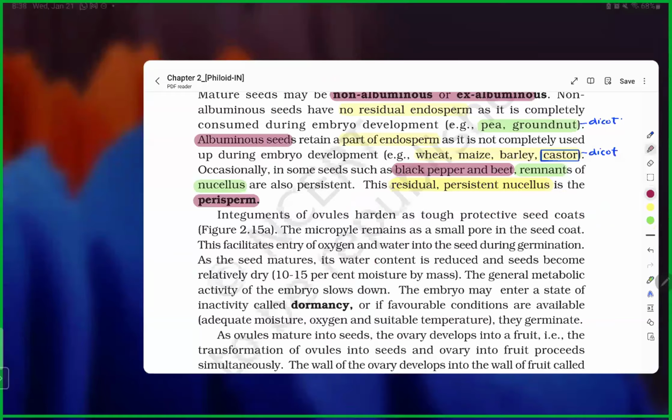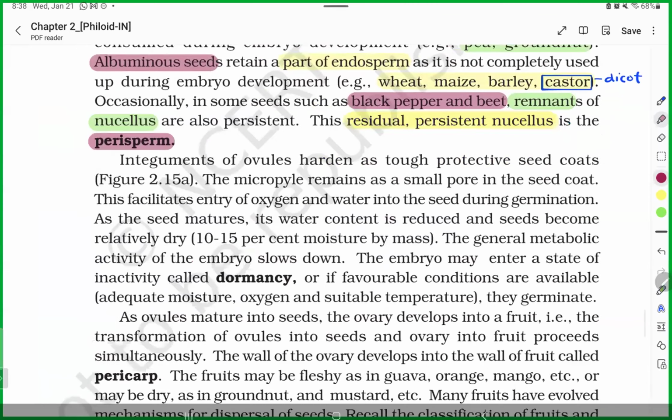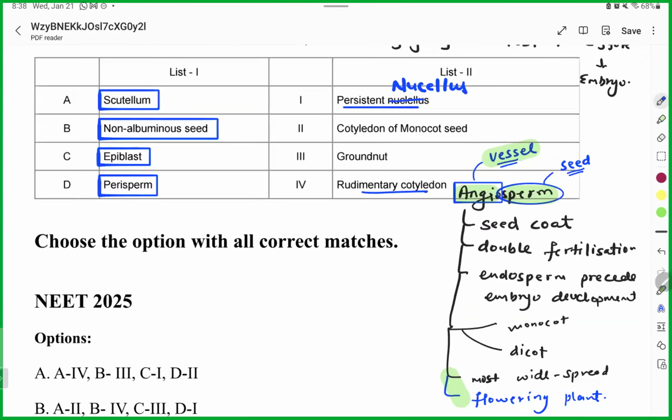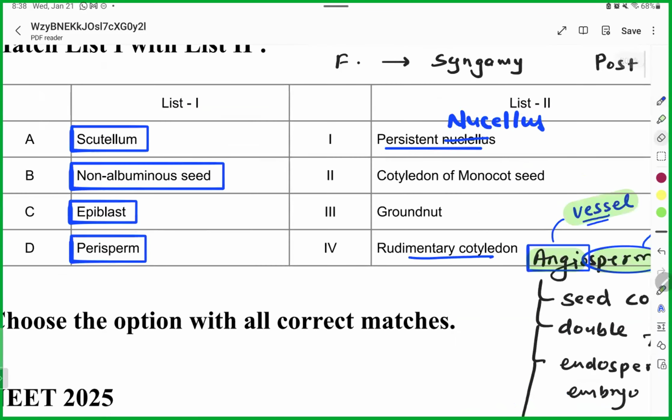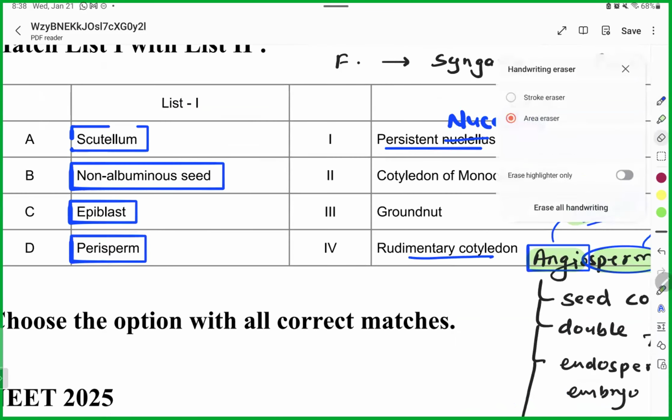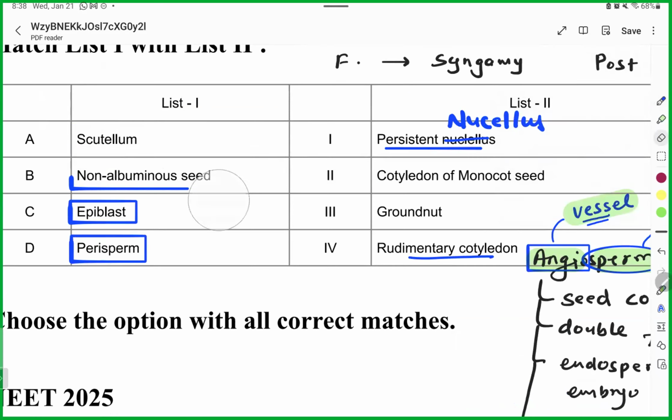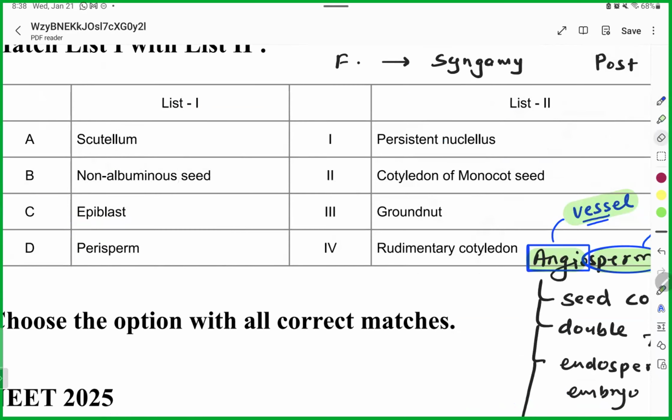So let me ask you questions. First, Tuhina, what is the answer for the scutellum? Sir, it's the cotyledon of monocot.